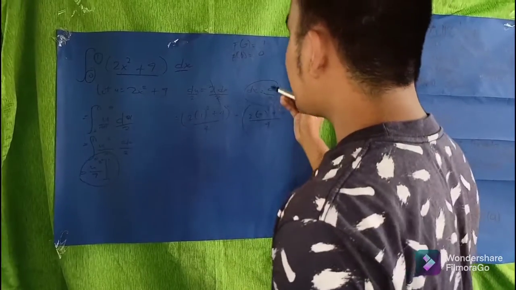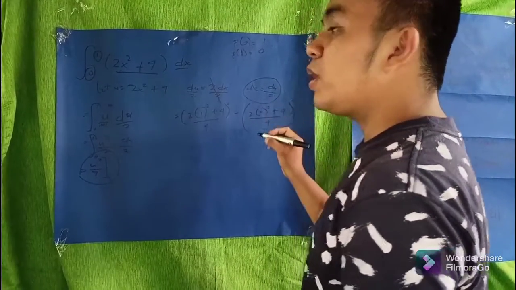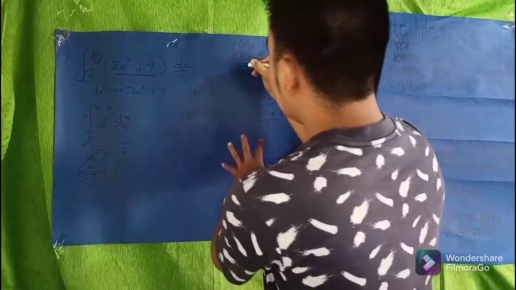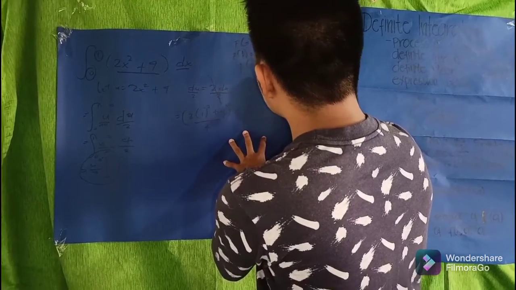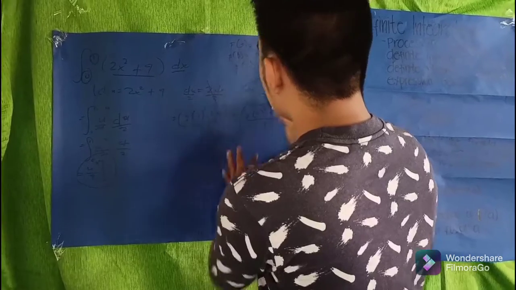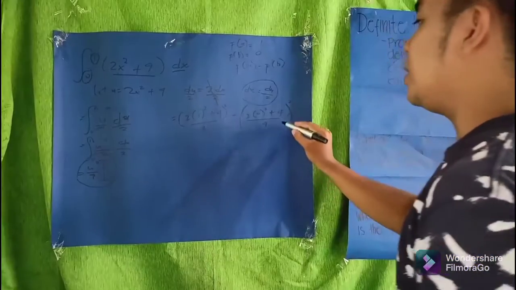Why do we get this? Because the main formula of the definite integral is F of a minus F of b. So this is the a and this is the b.